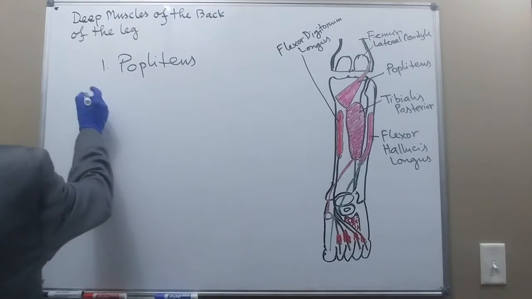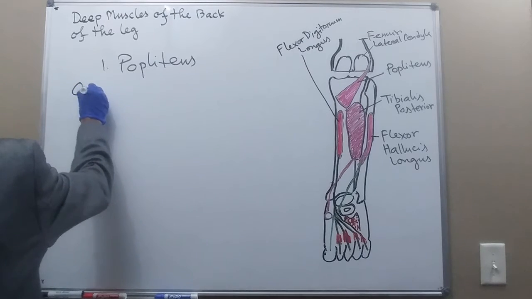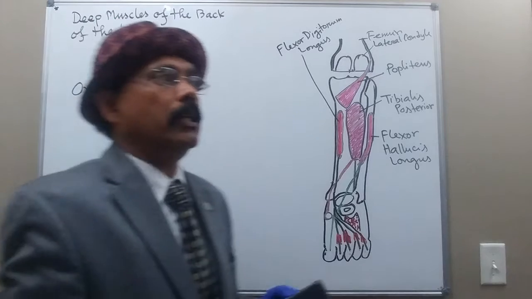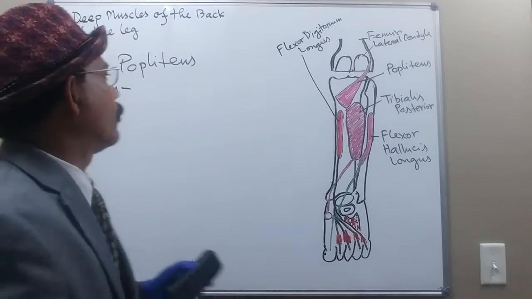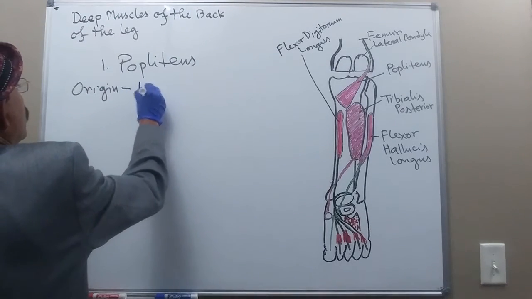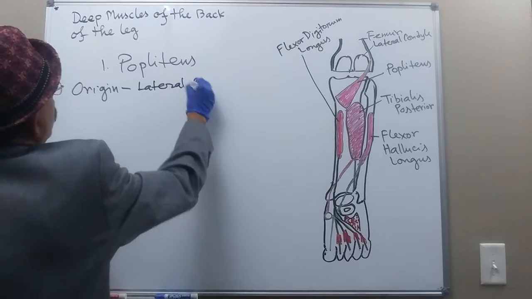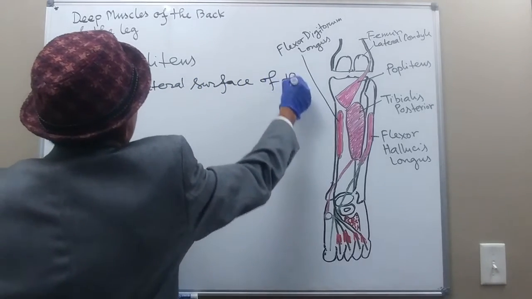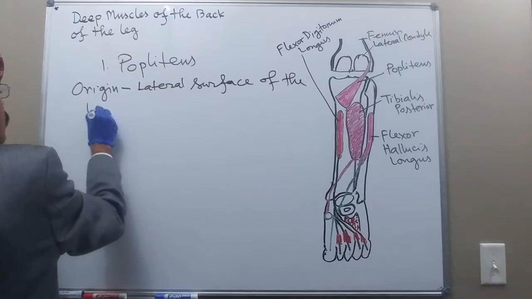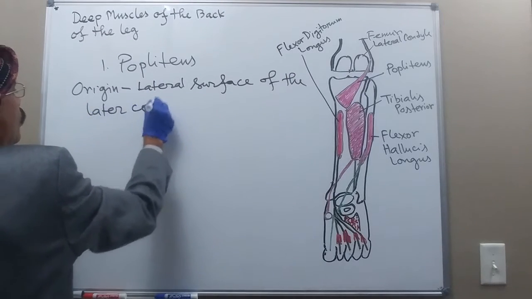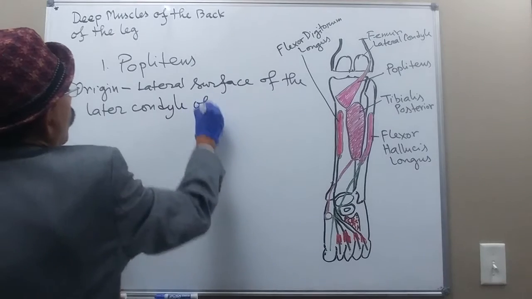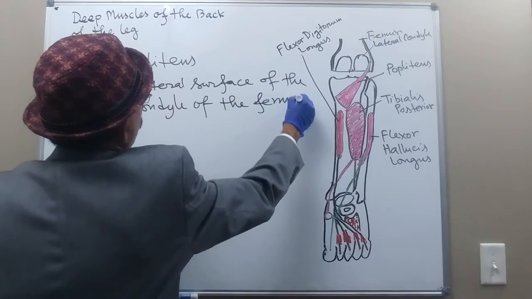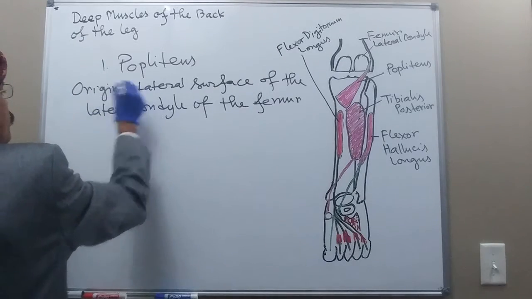What is the origin of Popliteus? Origin is from the lateral surface of the lateral condyle of the femur. This is one origin.